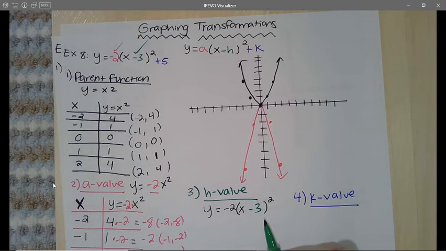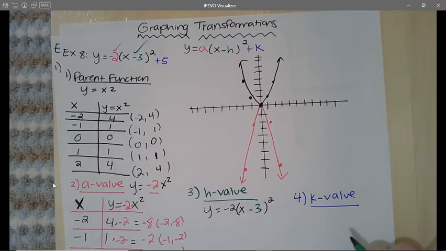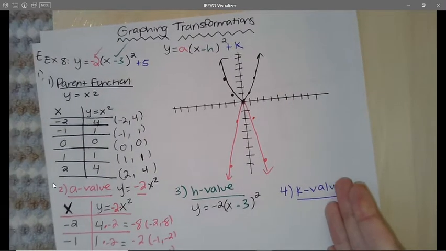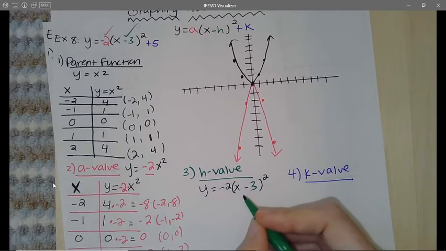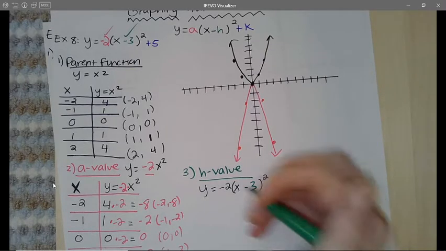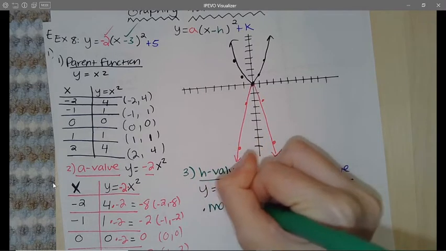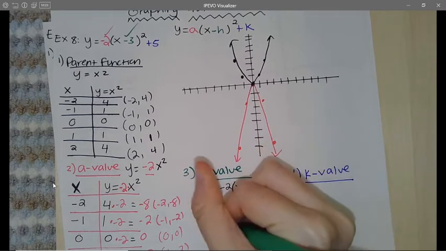Do you guys remember? Absolutely, you guys remember. Remember, we think the opposite. If it's x minus 3, the h value will go left or right. So when we think the opposite, the minus 3 tells us we're going to go to the right. The graph moves right 3 spaces.